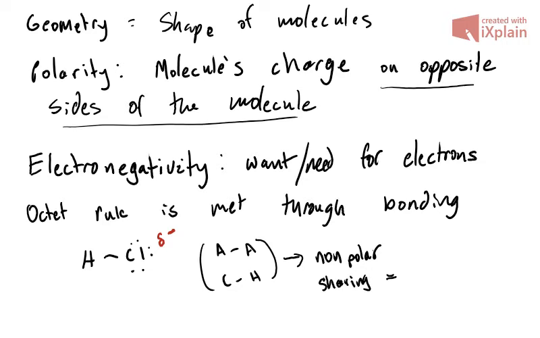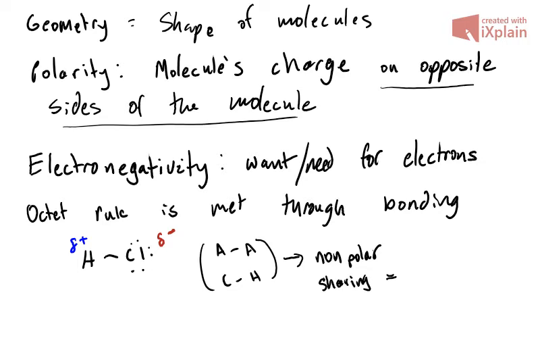That little squiggly looking D is a lowercase delta. You don't need to know that. You just need to know that it means partial. It's not a full charge. It is a partial charge. We have a partial positive on this hydrogen and a partial negative on this chlorine.